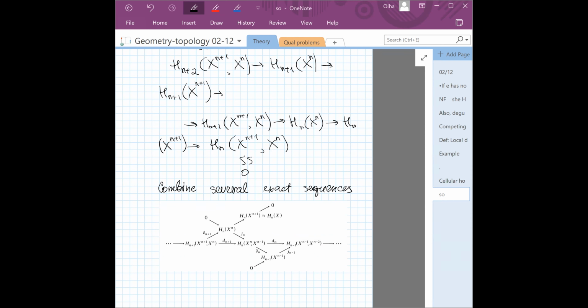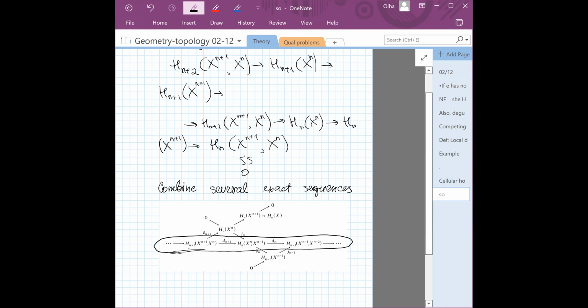Yeah, so what is gonna happen is we're gonna get this sequence where the D_n's are just defined as compositions of those maps.